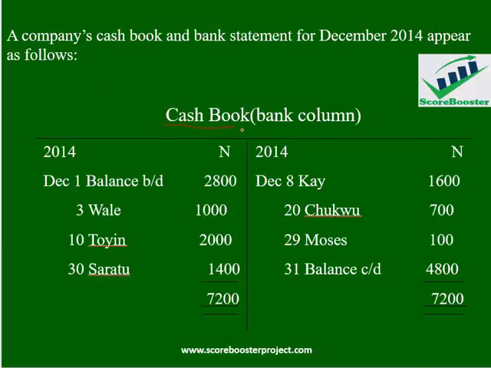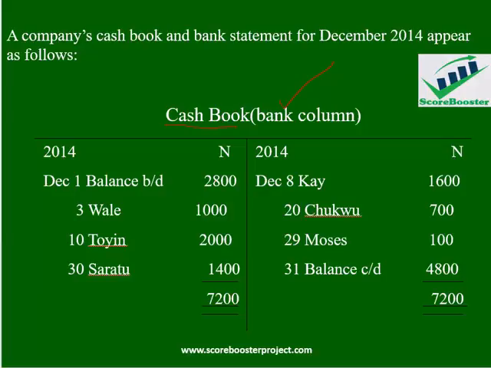Cash book, the examiner says bank column only. Please, bank column only. If you are given other columns, you only work with the bank column, because that's the only one you are trying to compare with the bank statement. The examiner can also give you a 3-column cash book and want you to reconcile. No, focus on the bank column only.